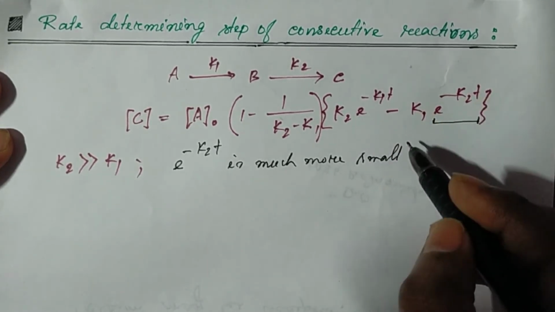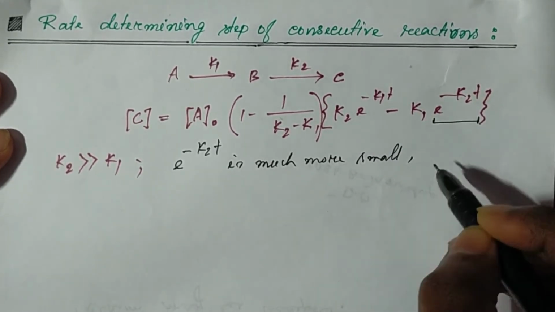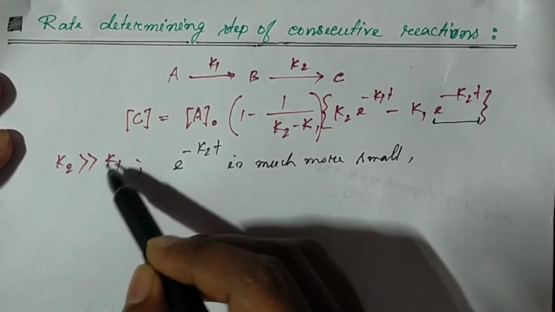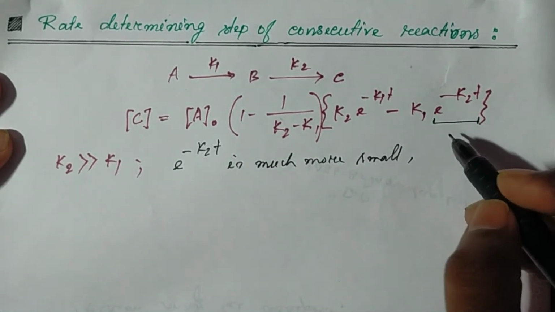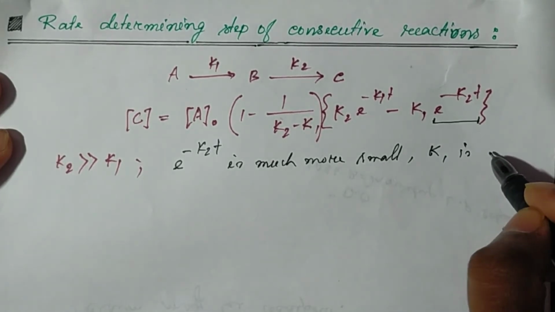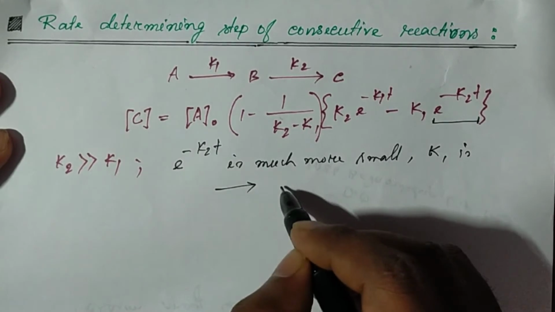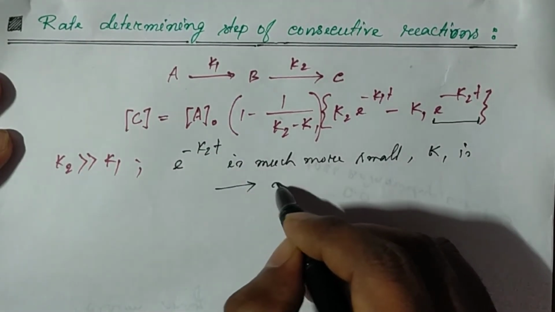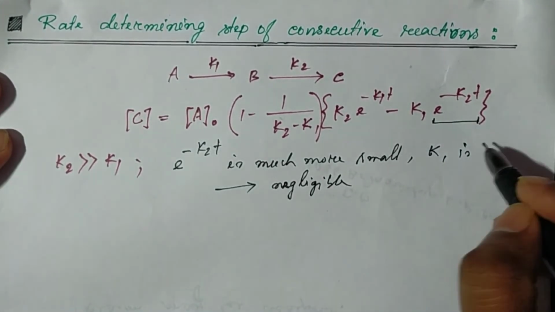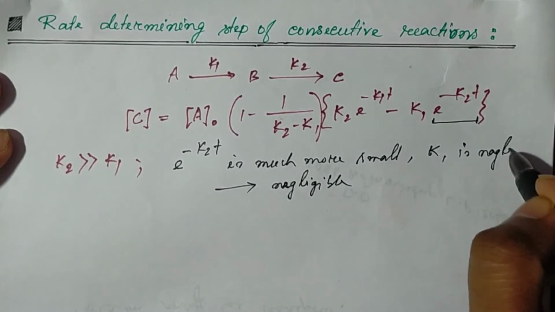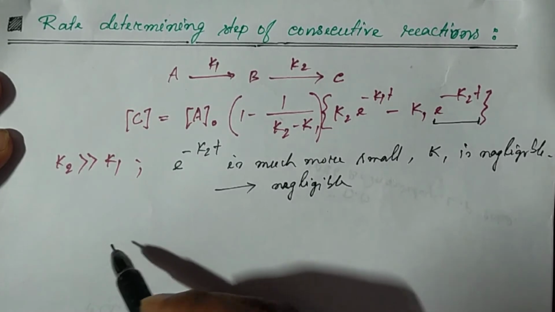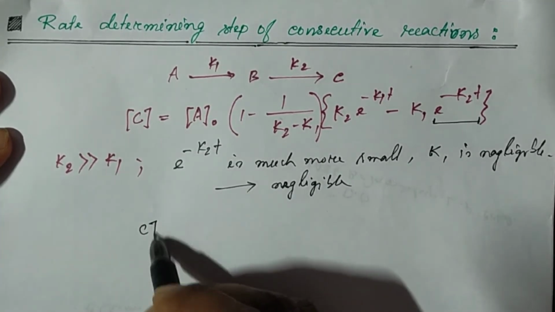And again, in comparison to K2, K1 is very small, so we can again neglect K1. So this is negligible, e to the power minus K2t, and this is also negligible. Okay, so the remaining part will be like this.